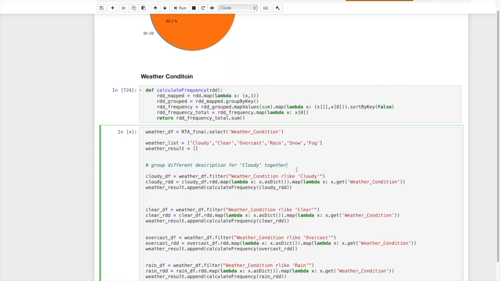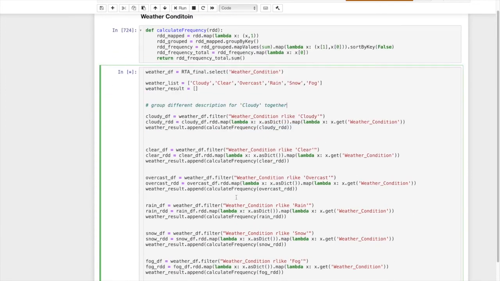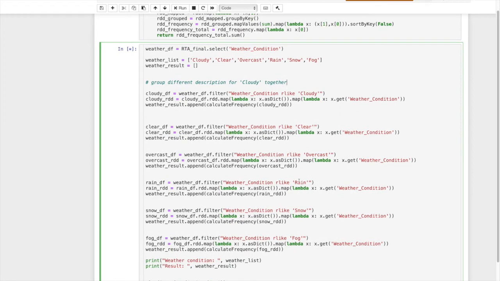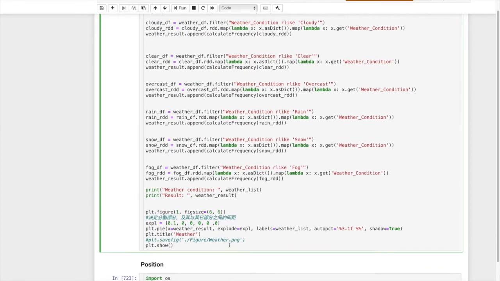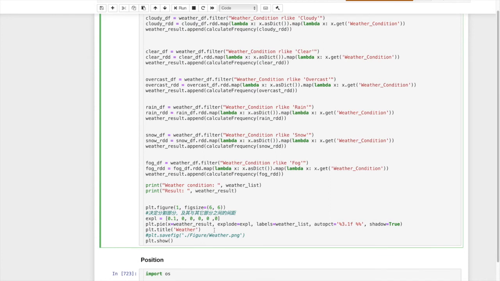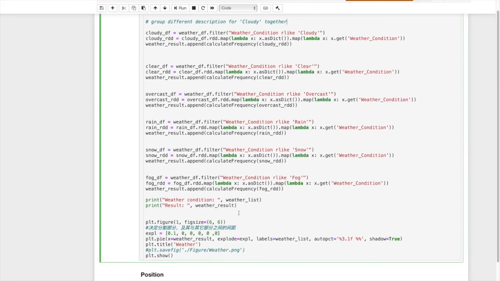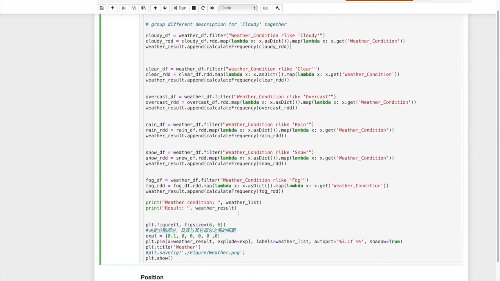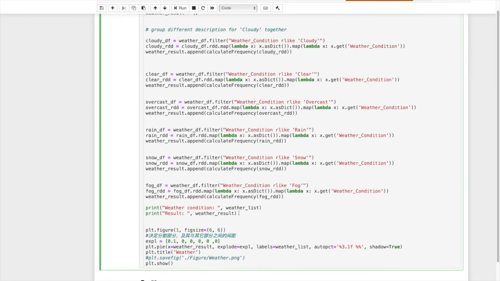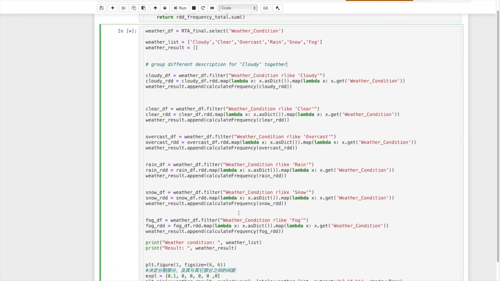Then we do the calculation on clear, overcast, rain, snow, and fog. Because I run the program on my computer, it is slow, but if it can run on a cluster, the speed will significantly increase due to distributed computation. And now we wait for the result.